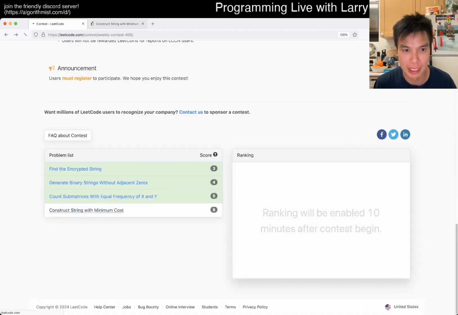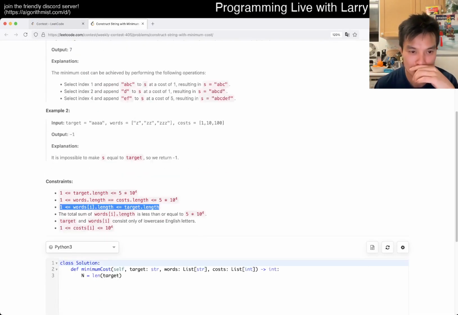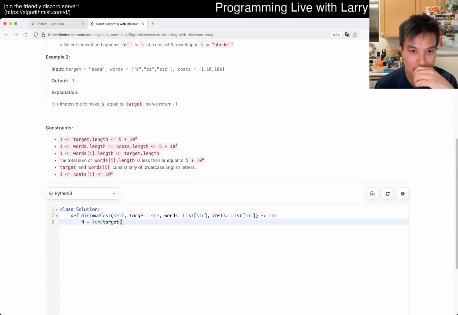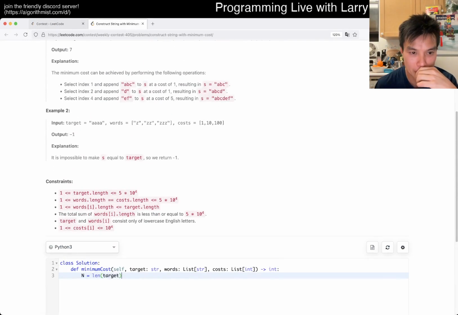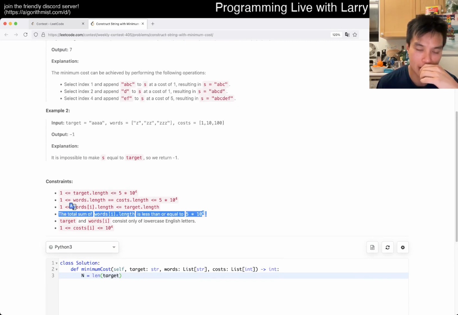How many points is this? 8 pointer? 8 pointer, 4 people got it already? That is actually nuts. And maybe that will give me some time to catch up. Oh, wait, the total. Okay, so this changes things.